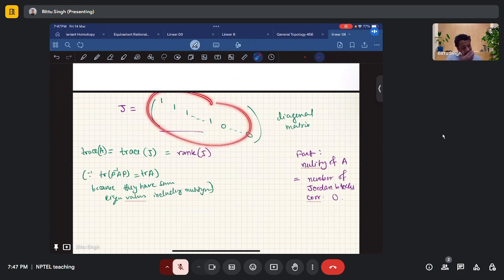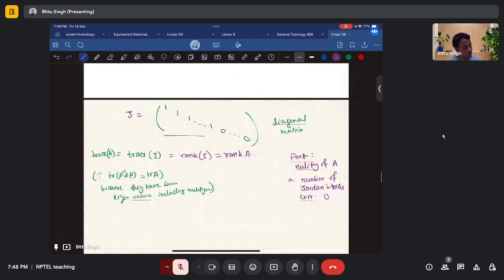It is also easy to see that the rank of J is the same as the rank of A. This is true because rank is invariant under P inverse AP; P inverse AP and A have the same rank because P is an invertible matrix, and if you multiply with an invertible matrix, rank is unchanged.